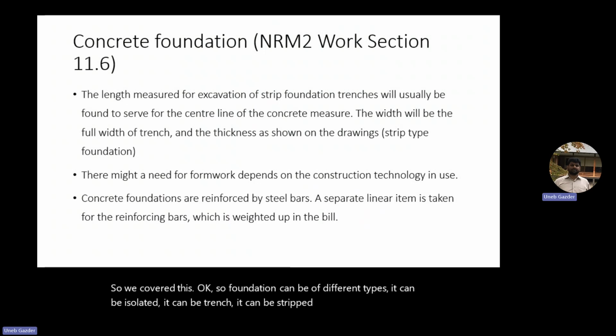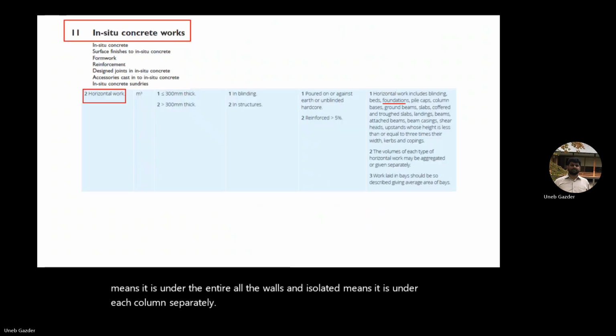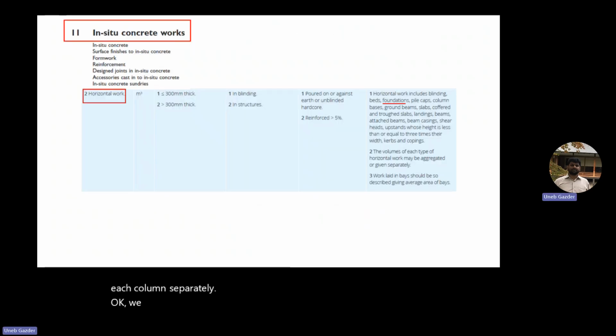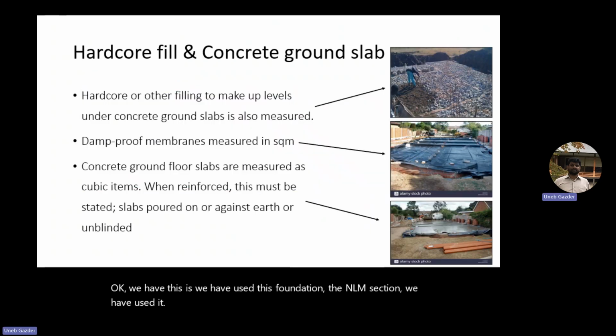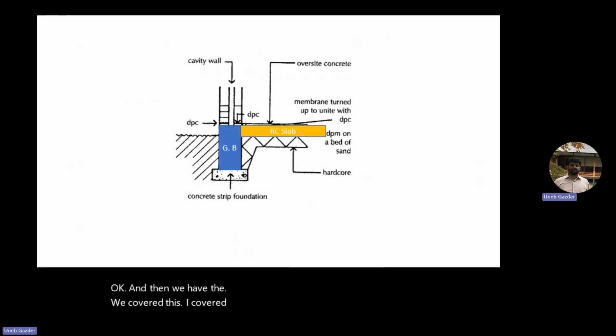A strip and trench means it is under all the walls, and isolated means it is under each column separately. We have used this foundation NRM section. And then we covered this. I covered up till the DPC, I think.